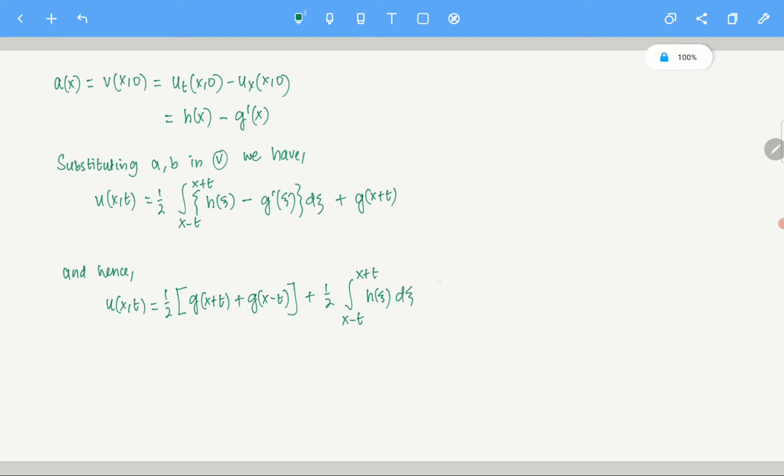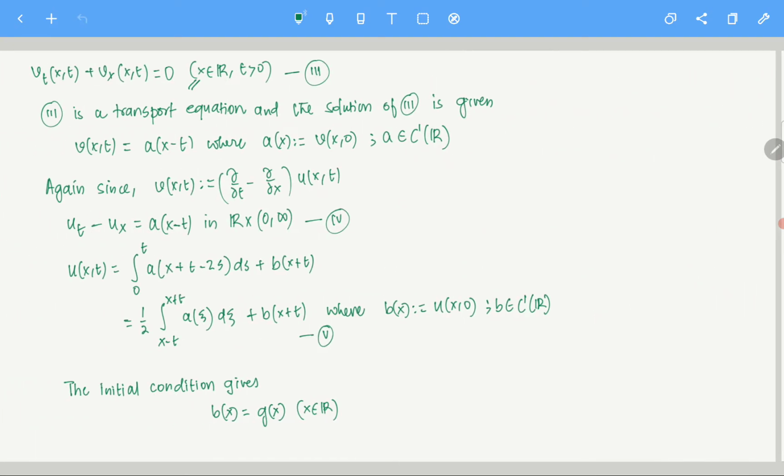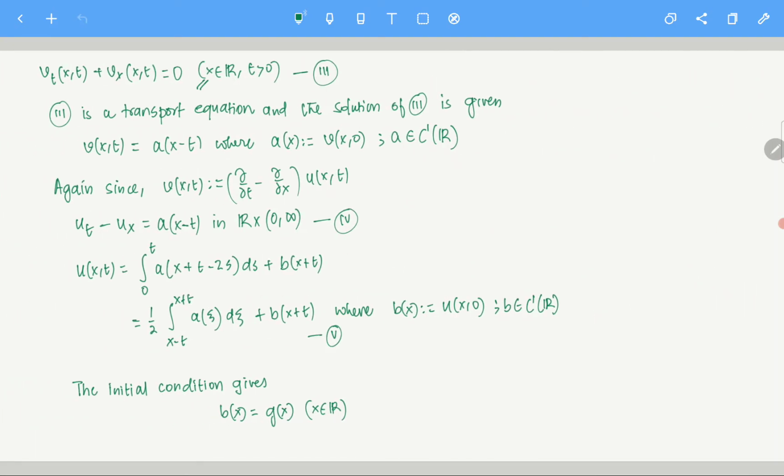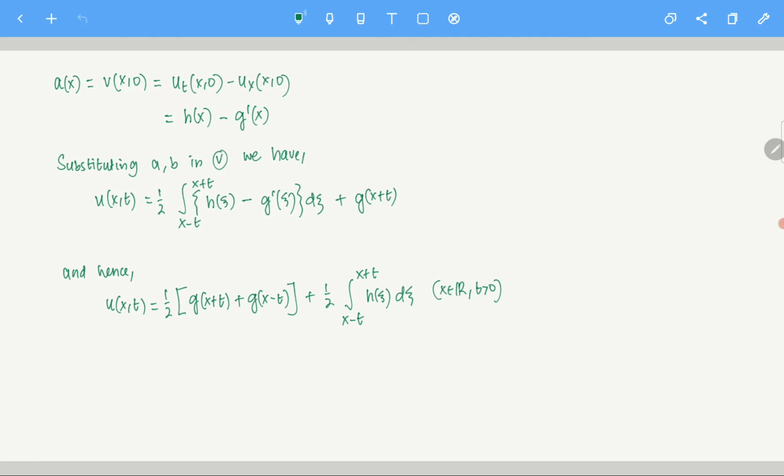So this is for x in R and t greater than 0. I mean, this is clear. I just put all the values together, and u is given by half integral from x minus t to x plus t of a of xi d xi plus b of x plus t. I am just substituting all those values here, and this is what I am getting.